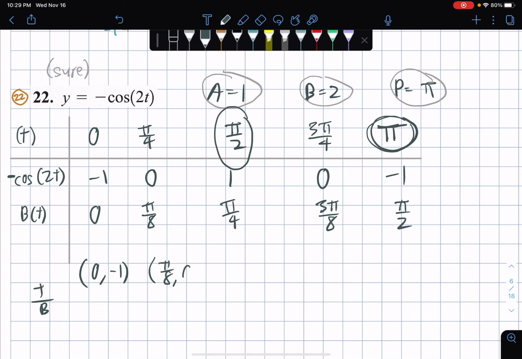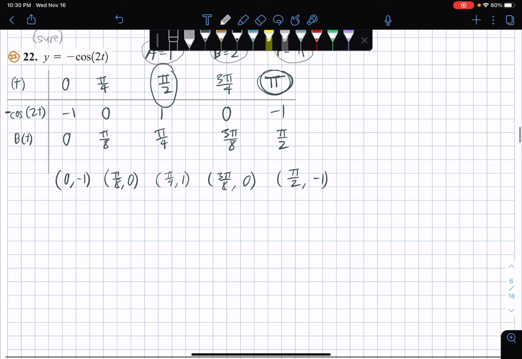Register them like so. Okay, we now have definite coordinates. Let's make the graph.